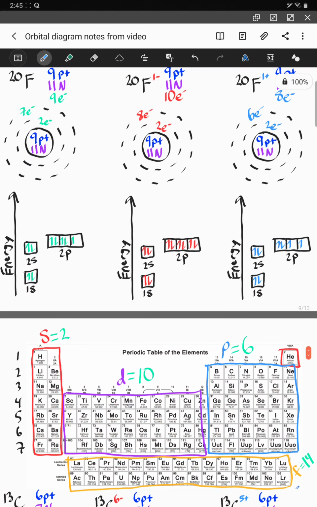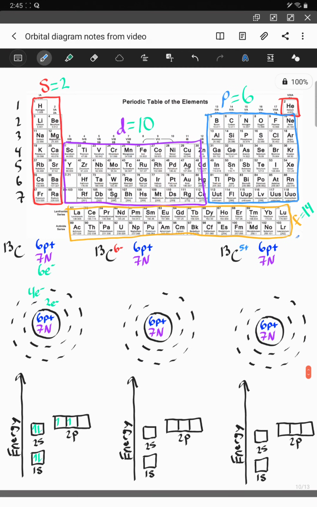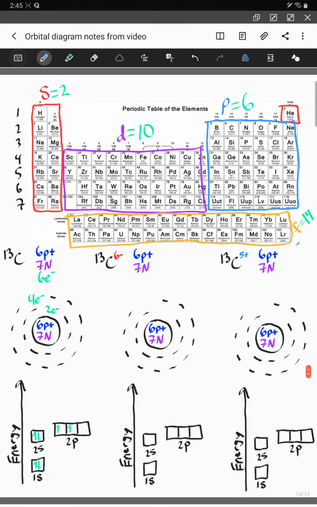Let's do a slightly more difficult example in carbon-13 with a -6 charge and a +5 charge. So here on the far left, I have carbon-13 drawn and the correct Bohr model and orbital diagram already filled in.